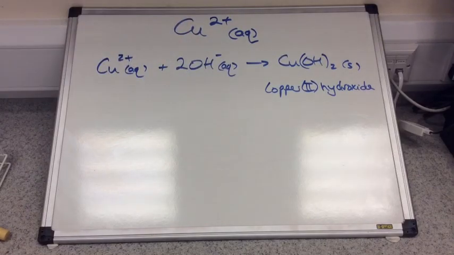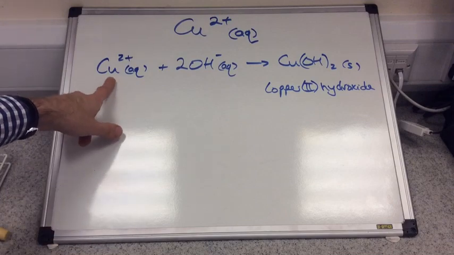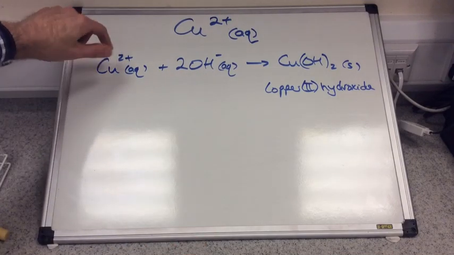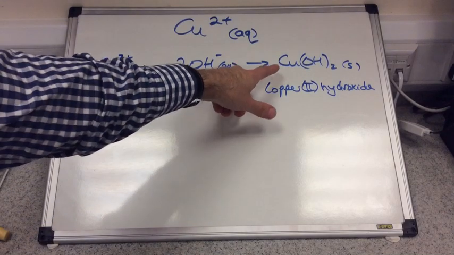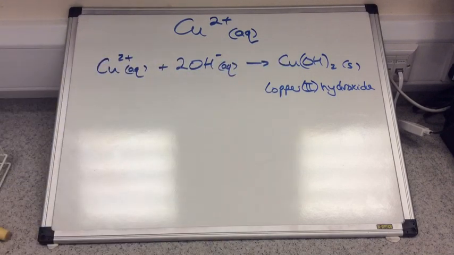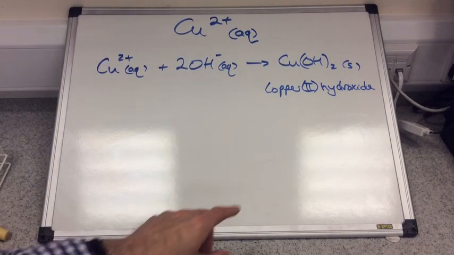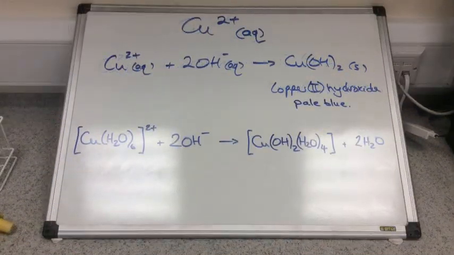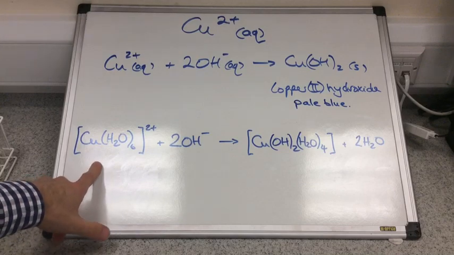The simplest way we can write this equation is on the board now. The aqueous copper 2 plus ions react with 2 hydroxide ions because of the 2 plus charge and form copper 2 hydroxide, Cu(OH)2, and notice that state symbol is now solid. You can write the equation in a more detailed format, as you can see here.